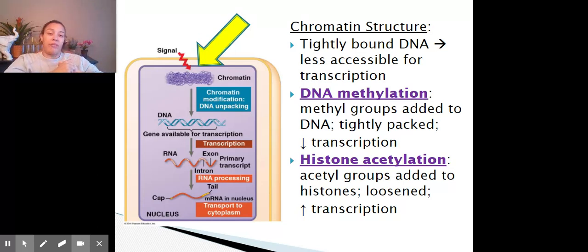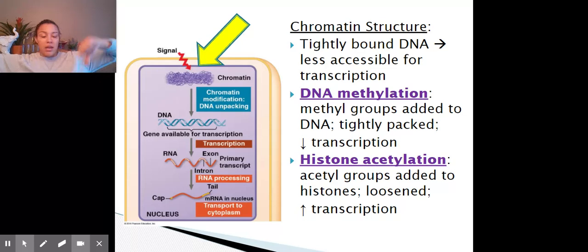And then we also have histone acetylation, where acetyl groups attach to the chromatin and cause it to loosen up and relax. The tighter the coils are and the more wound up DNA is, the less possibility there is for transcription.